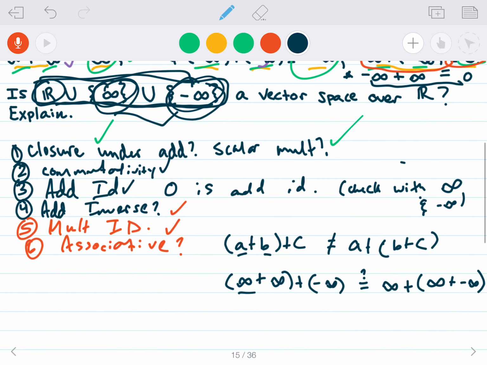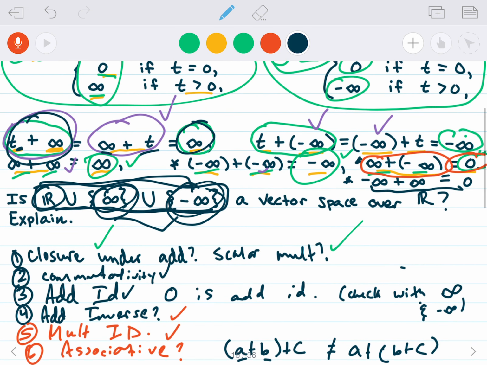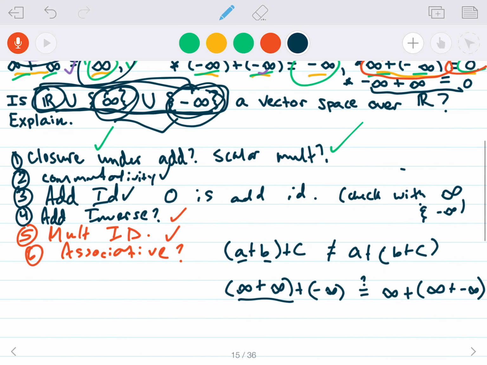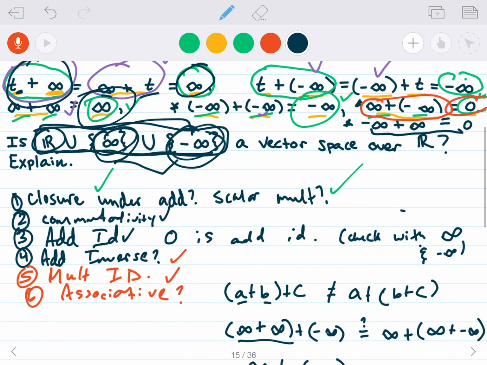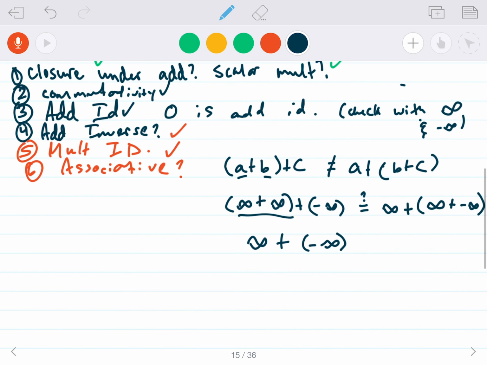Because by definition, infinity plus infinity is infinity. That's by definition. So this is infinity plus negative infinity, and again, by definition, infinity plus negative infinity is 0. So on the right side, we have infinity plus (infinity plus negative infinity), which is infinity plus 0, which is infinity. So 0 is not equal to infinity, and that's not true.